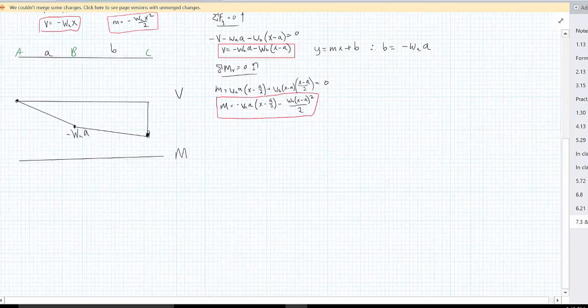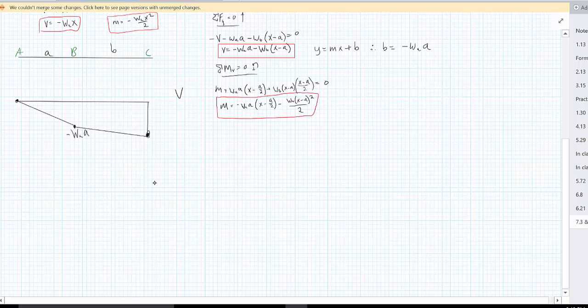So now let's do the moment. Looking at the first moment equation, we have a negative W sub A multiplied by x squared. So the first thing you should be thinking is, well, that's a negative parabola.